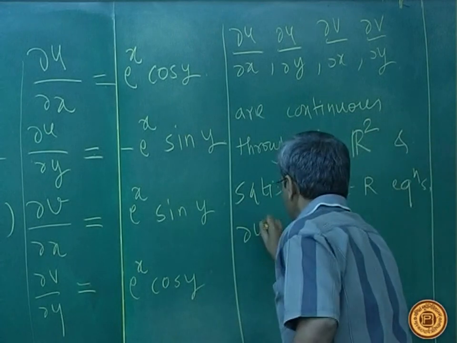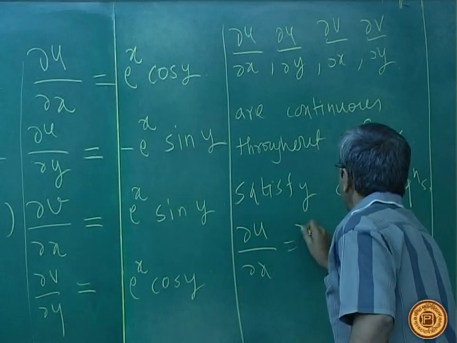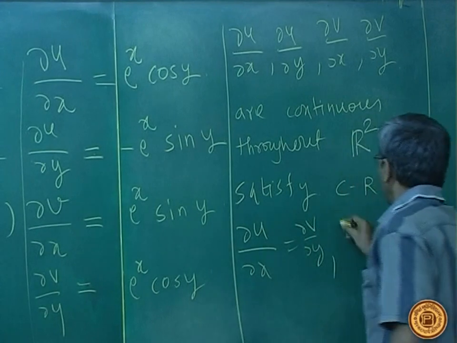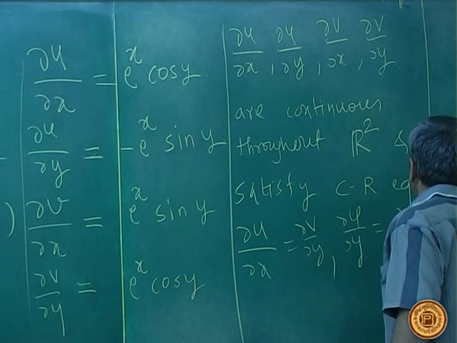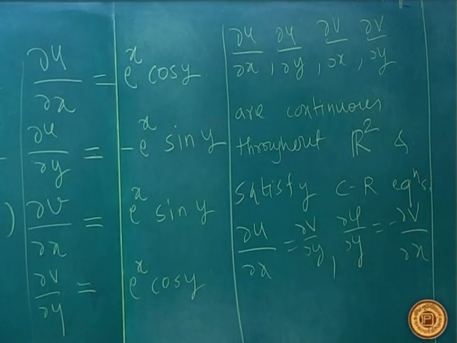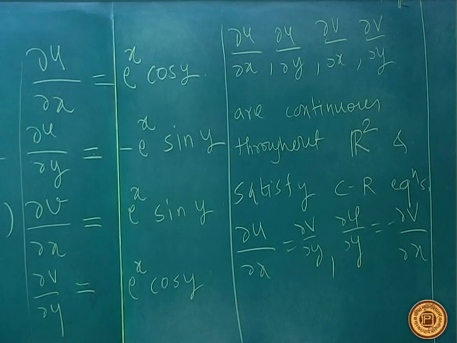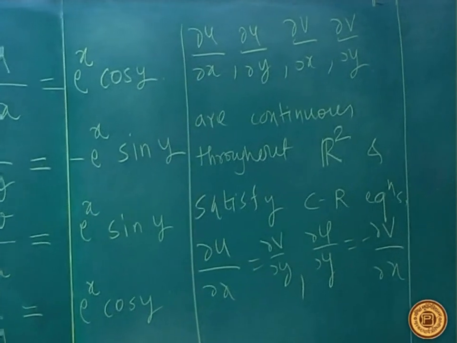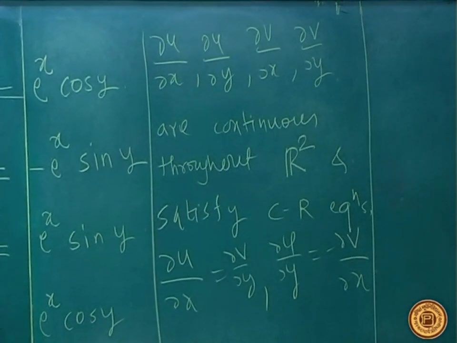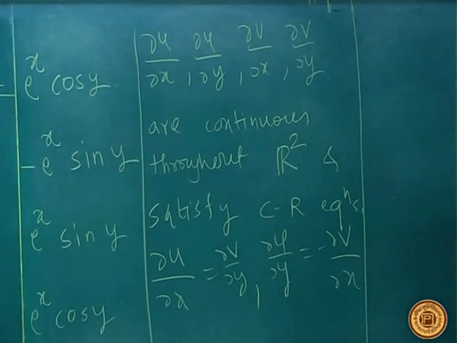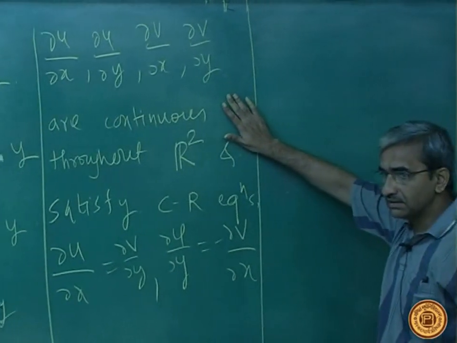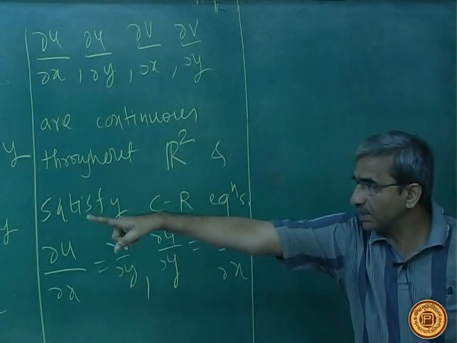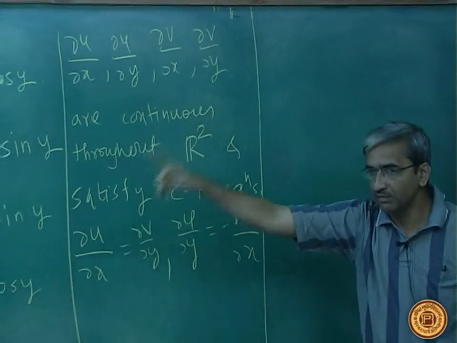That is, ∂u/∂x equals ∂v/∂y and ∂u/∂y is minus ∂v/∂x. So all four are continuous throughout R2 and satisfy Cauchy-Riemann equations. But this exactly means that the corresponding function f, which is u plus iv, must be analytic.